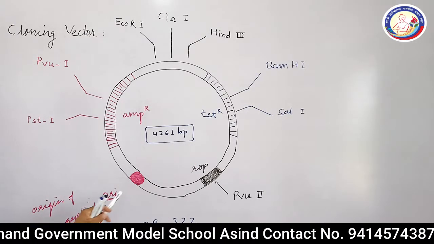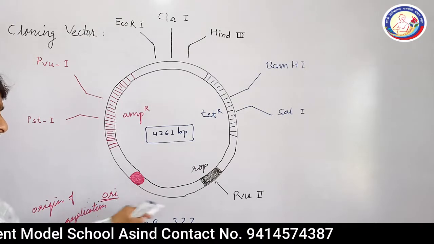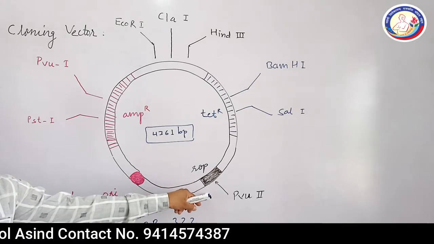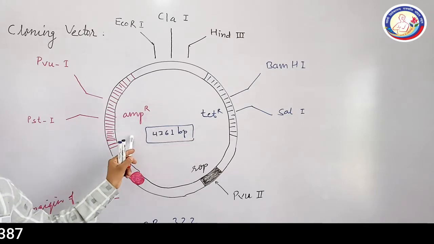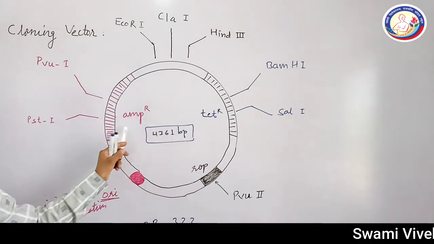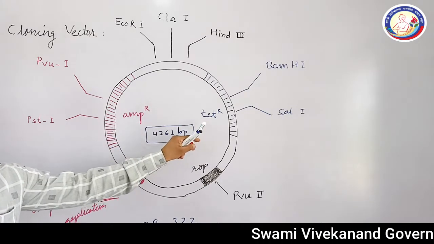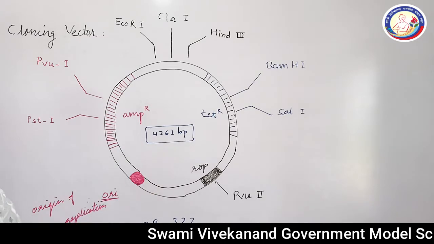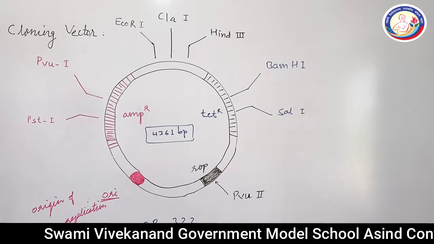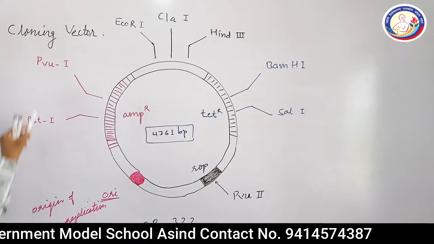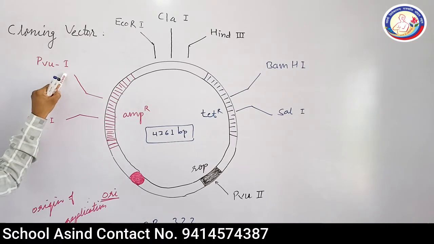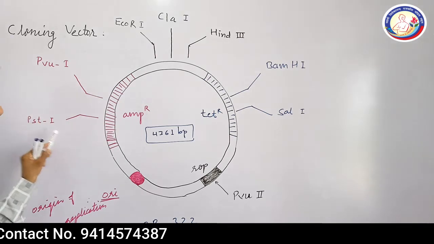So we have discussed the ORI, origin of replication, and the repressor of primer, ROP, that will decide the copy number. These two are the selectable marker genes: the first is the AMPR gene and the TETR gene. In place of this, you can use other markers also, such as the kanamycin resistant gene. These are the endonuclease enzymes PvuI and PstI.